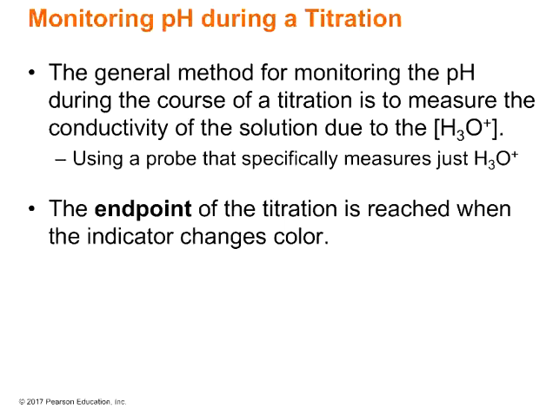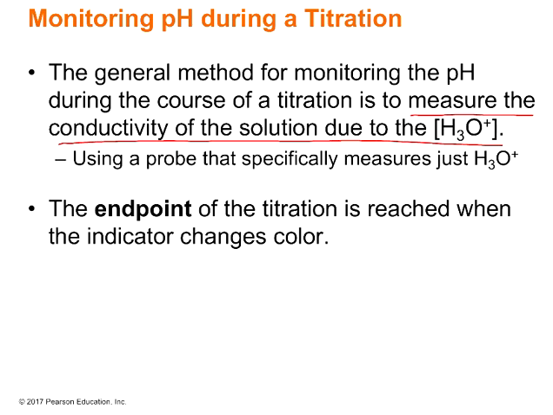One of those methods is using a pH probe. So what we're really doing if we use a pH probe is we're measuring the conductivity of our solution due to the concentration of hydronium ions or hydrogen ions.